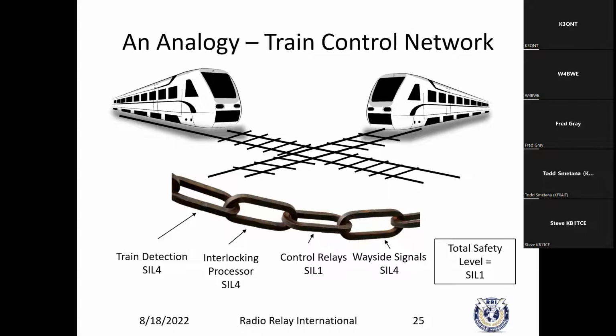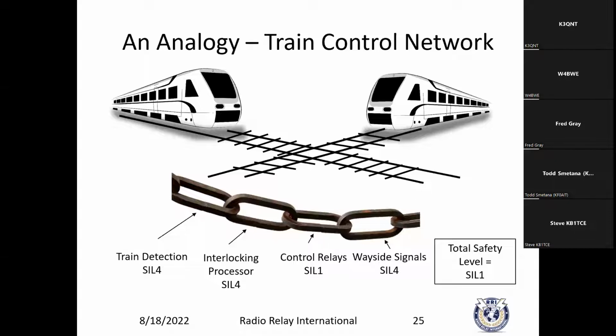So if you sit down and try and design, say, an avionics or a train control network for a transit system, there's kind of a chain involved. For example, you have the train detection technology itself.